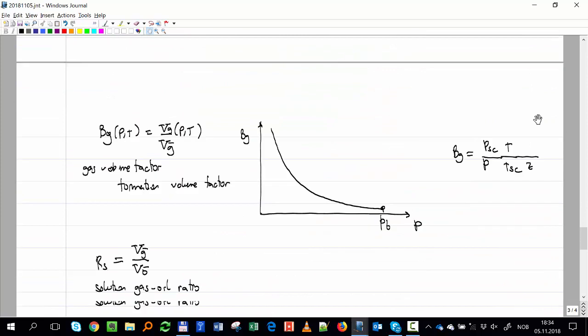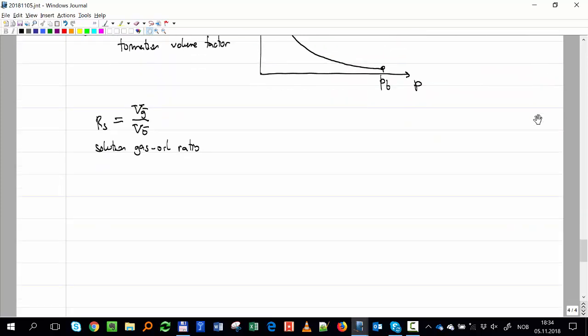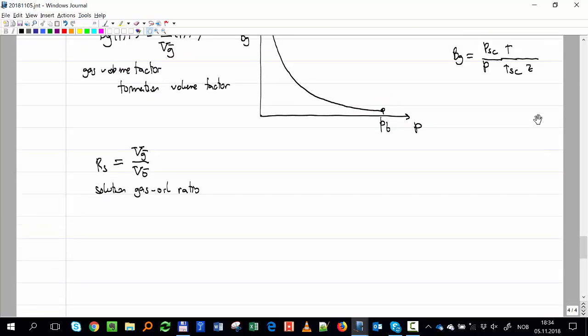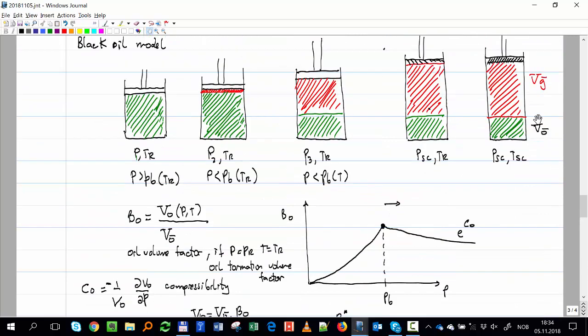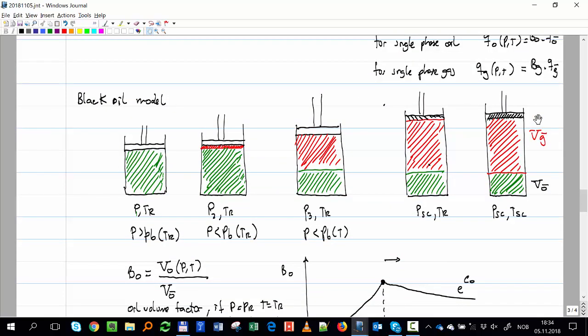And the behavior of RS, so what is the behavior of RS with pressure?